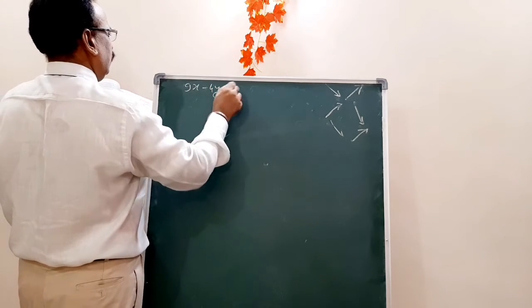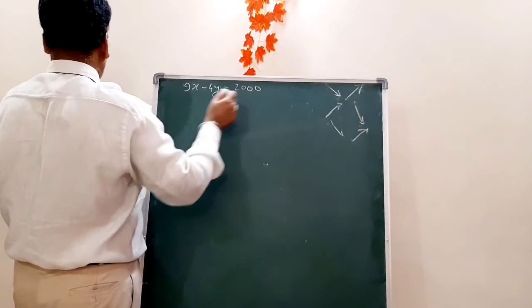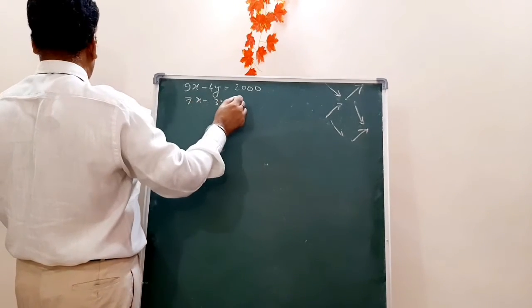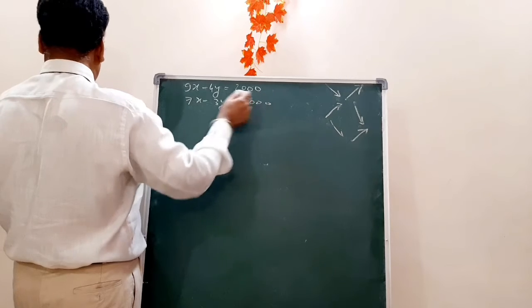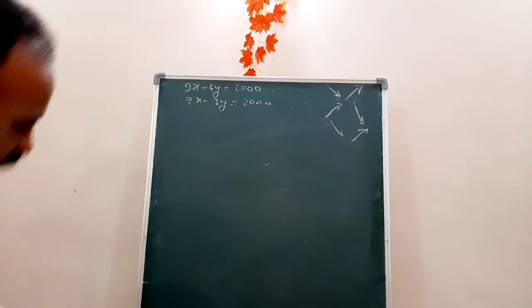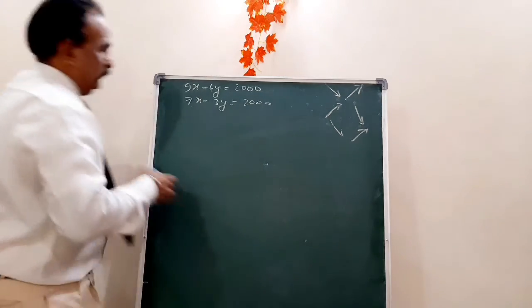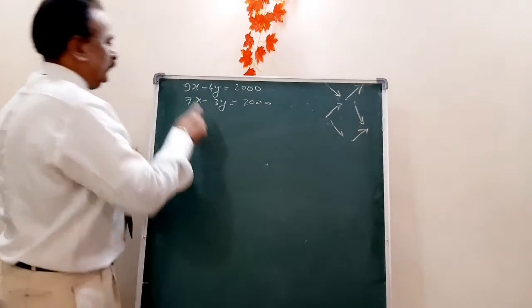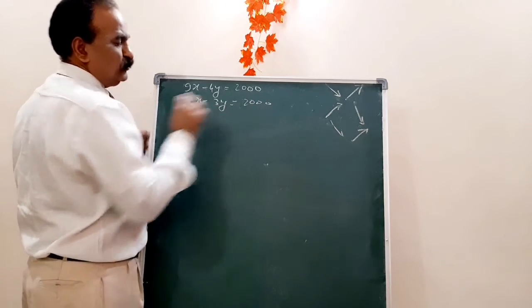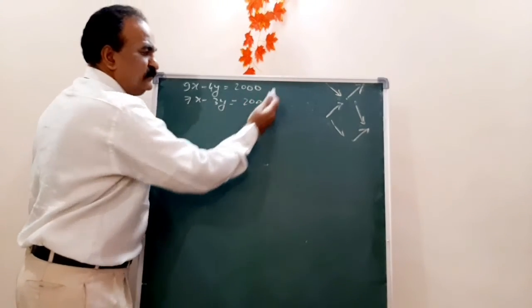9x minus 4y equal to 2000 and 7x minus 3y equal to 2000. Let us see how to solve. 9x minus 4y equal to 2000, 7x minus 3y equal to 2000. Again the constant terms are on this side.